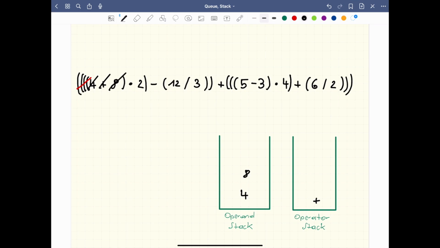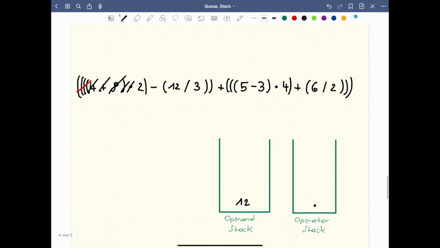So now we have our first closing bracket. So what we do is we push the plus, we push the 8, we pop the 8, we pop the 4. 4 plus 8 equals 12, and we push the result. That's it. Next, we have the multiplication sign here.